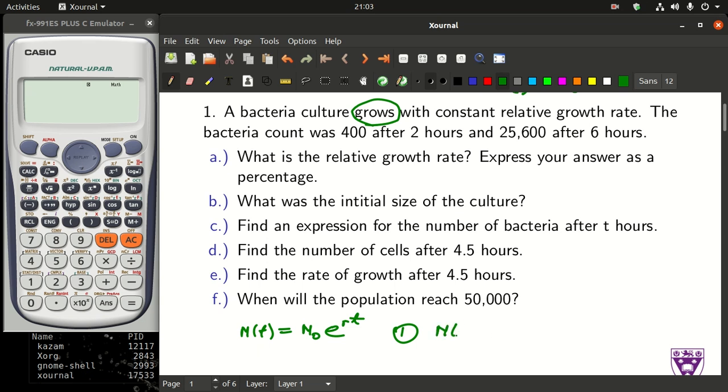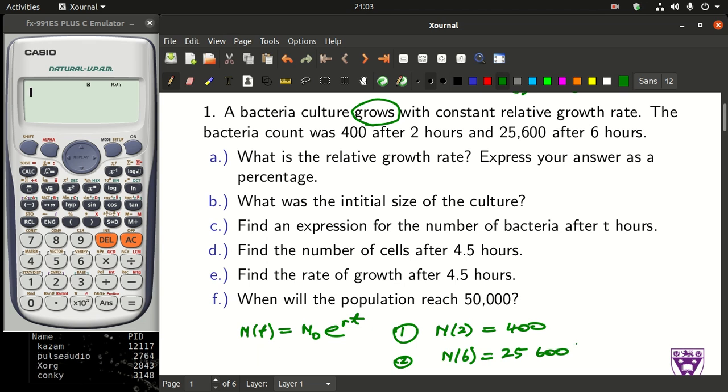So N(2) equals 400, where t is in hours. And 25,600 after 6 hours. This is the second statement, saying N(6) equals 25,600.